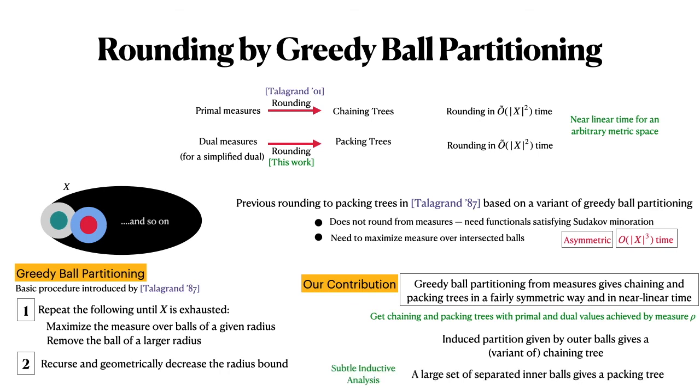And the inner balls, which are already separated, a large subset of them gives a packing tree. Of course, I'm simplifying a lot of details here, and the analysis is still quite subtle and involved, but at least this makes the primal and dual side fairly symmetric.